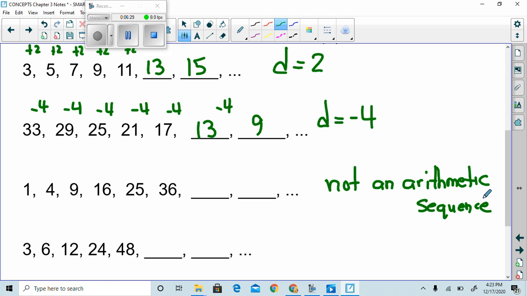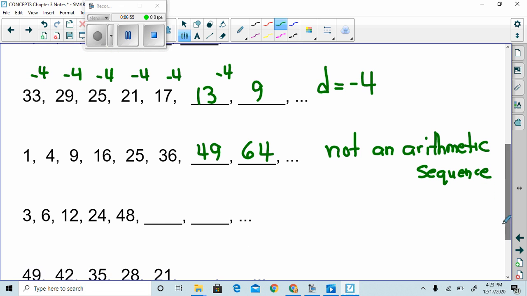If I'm noticing, it's the square. 1 squared, 2 squared, 3 squared, 4 squared, 16, 5 squared, 7 squared, oops, sorry, 7 squared is 49, and 8 squared. So it's not an arithmetic sequence, there's no common difference there.